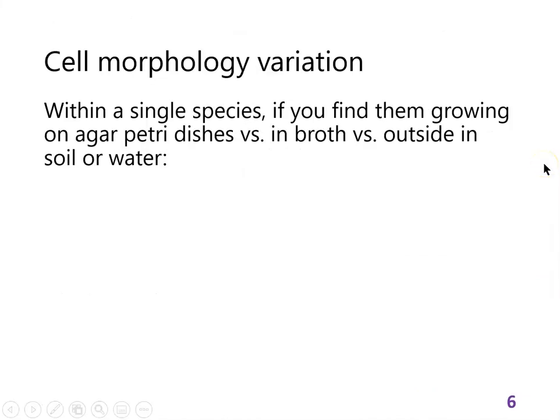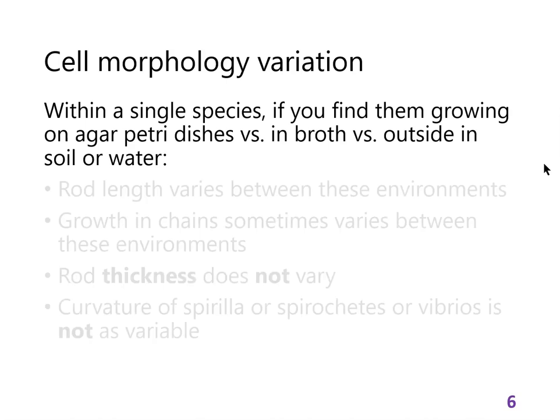I do want to point out the variations we see in cell morphology or shape, and these are kind of beyond what we understand right now. But within a single species, they could have slightly different morphology depending on whether they're growing in liquid broth or on the surface of an agar petri dish, or if you find them outside in soil or water.